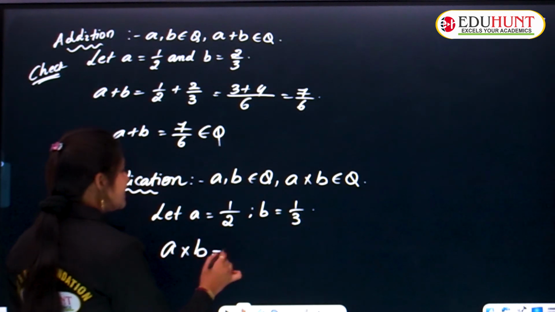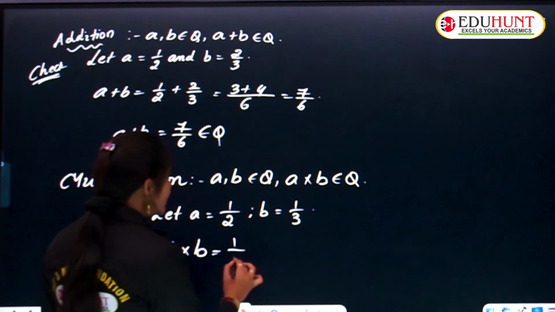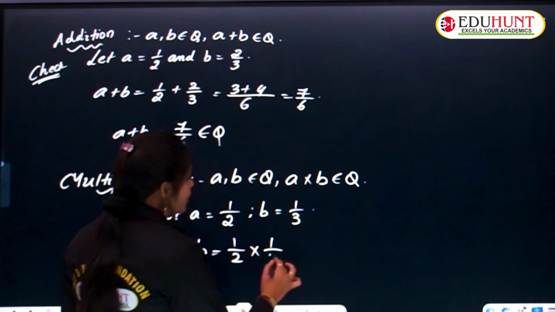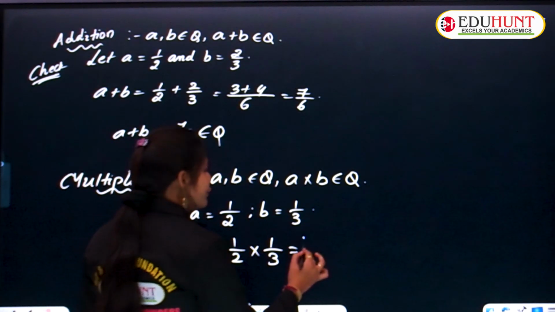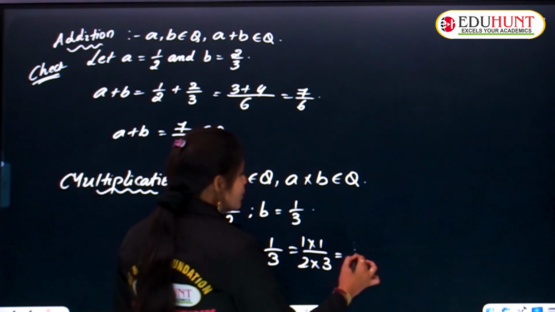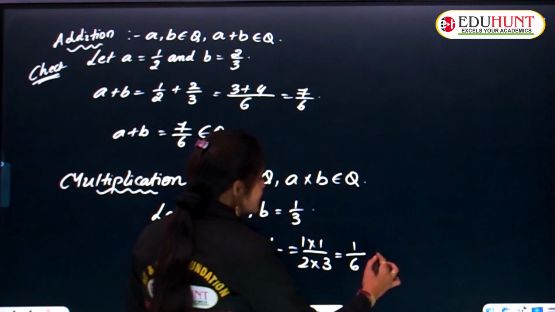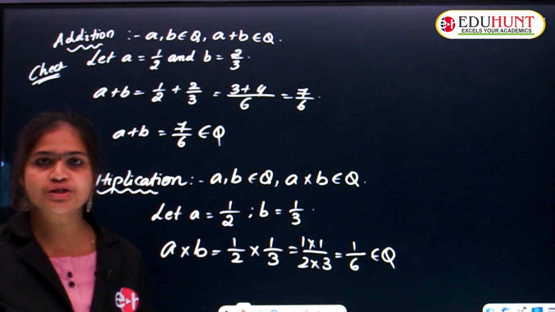Those two are rational numbers, no? Now take the product of these two. 1 by 2 into 1 by 3. How to take the product? Product of numerators by product of denominators. 1 into 1 is 1, 2 into 3 is 6. Again, is this a rational number? Yes, of course.